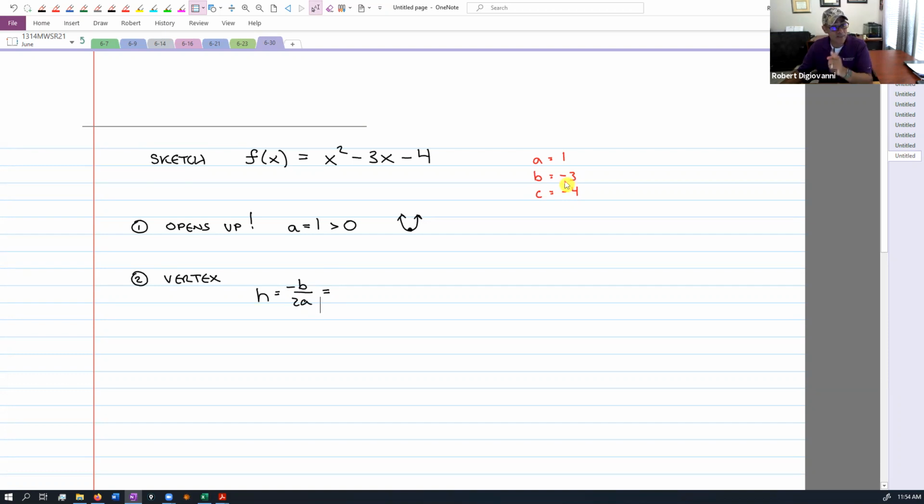So I want the opposite of -3, which is +3. So you could look at it this way. It's minus -3 over 2 times 1. So I'm doing -b. B was -3 already. So the negative and negative will be positive. We get 3 over 2. Which is, on my calculator, 1.5.